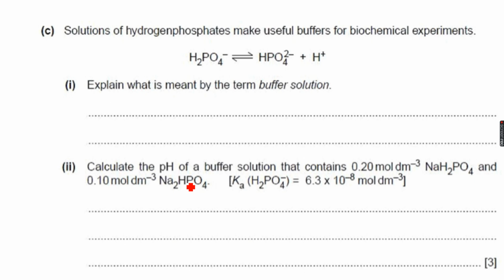Then calculate the pH of a buffer solution that contains 0.20 mole per dm cube of NaH2PO4 and 0.10 mole per dm cube of Na2HPO4. So first let's write some equations.